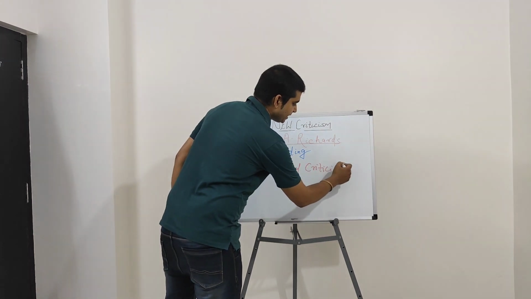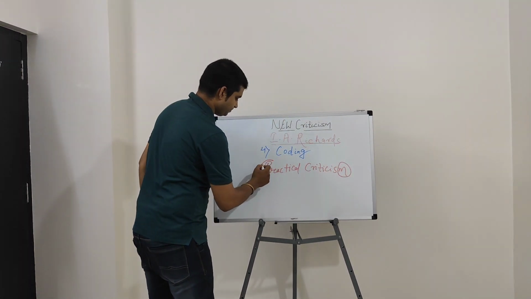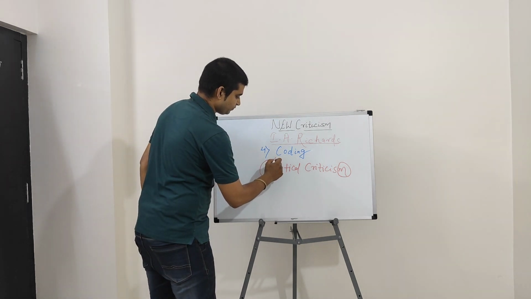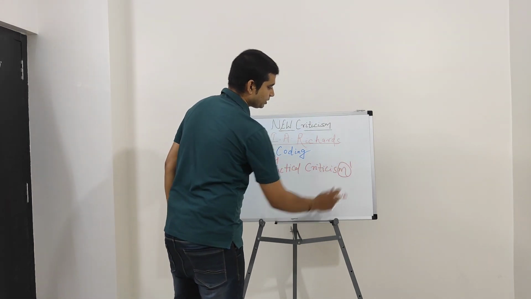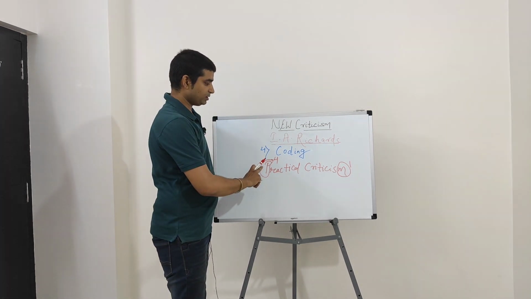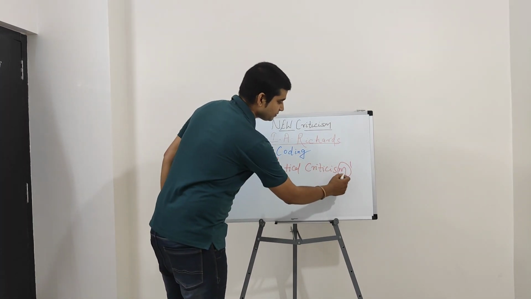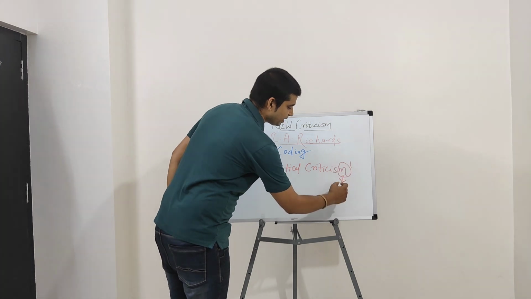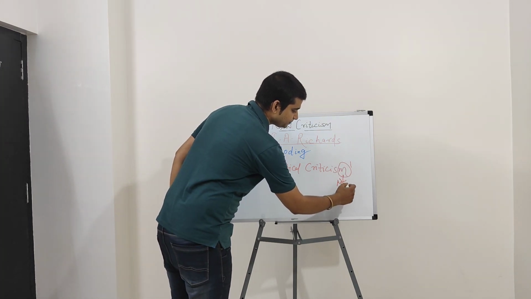You circle M from here, you circle P from here. Write down 4 here, write down 1 here. I gave you the 5 important works by I.A. Richards. The first is from M. It will start from M, The Meaning of Meaning.